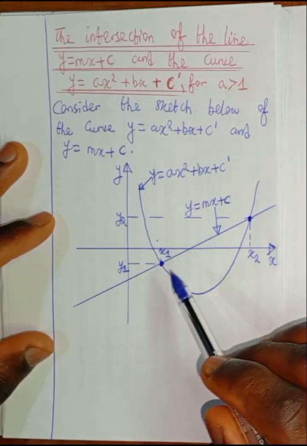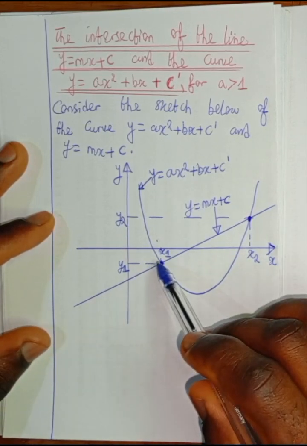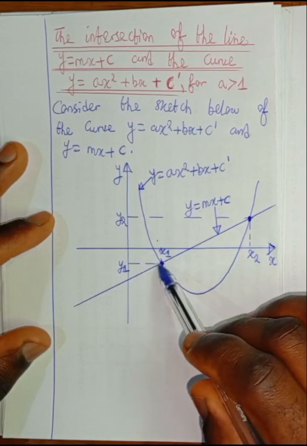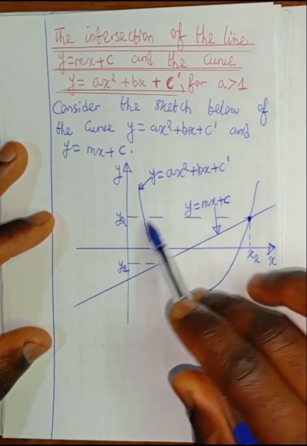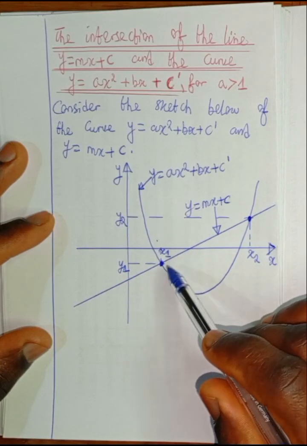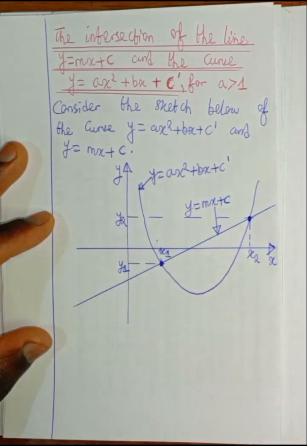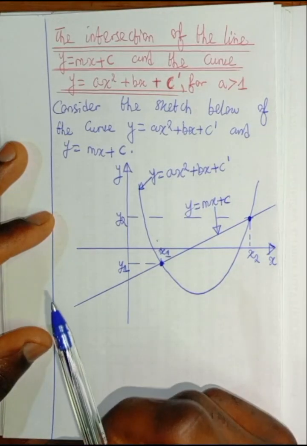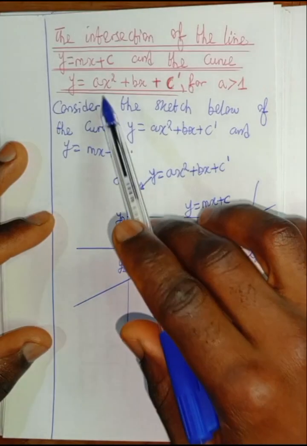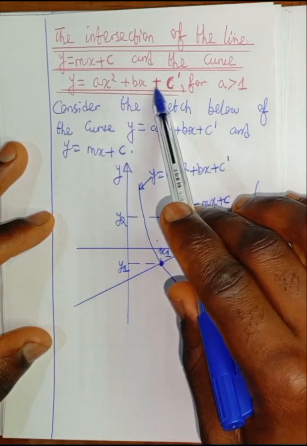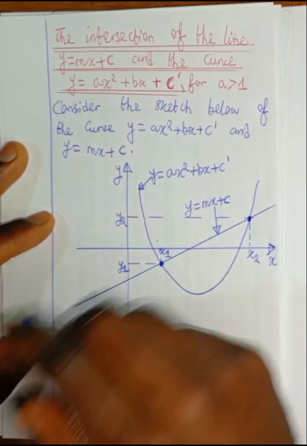You will notice that at the points of intersection of the line and the curve, their x coordinates and y coordinates are the same. It therefore means that at the point of intersection, the equation of the line is equal to the equation of the curve: ax squared plus bx plus c prime is equal to mx plus c.